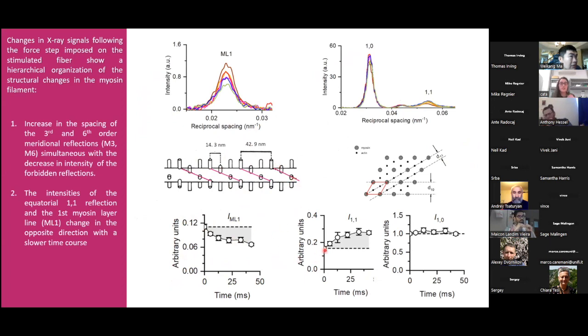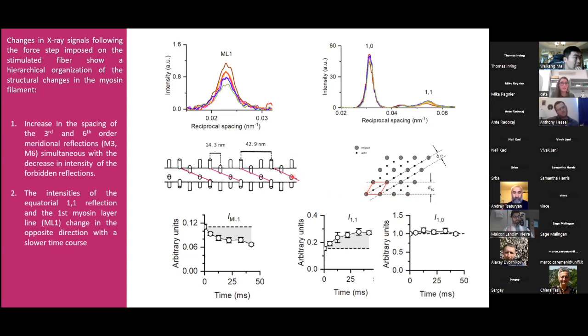And in the opposite direction, we have an increase in intensity of the equatorial reflection 1,1 from the lattice plane containing both thick and thin filament, but without any change in the intensity of the equatorial 1,0 reflection, meaning that we have an increase in the mass aligned with the 1,1 lattice planes, presumably constituted by the myosin motor, but we don't have any loss of mass in the 1,0 lattice plane.